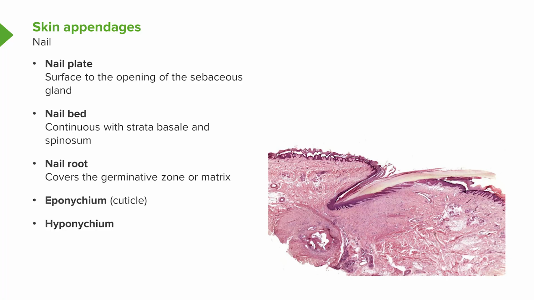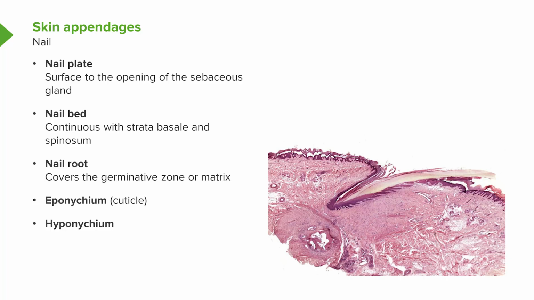But there's 4 or 5 major components of this fingernail, or this section through the fingernail, that I want to point out to you. First of all, the nail plate is a part of the skin where the epidermis loses its layer of keratin as it comes around to start to form where the nail is going to exit.